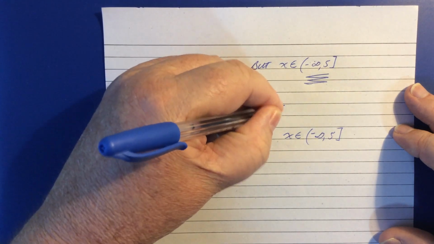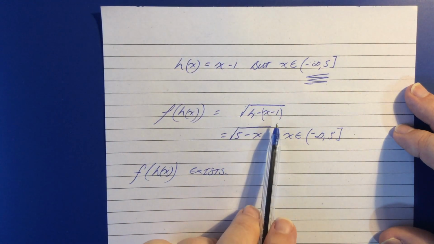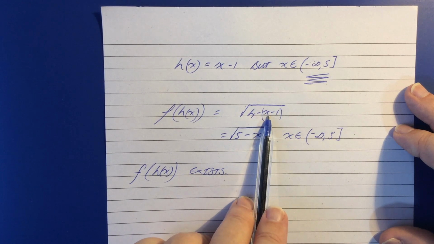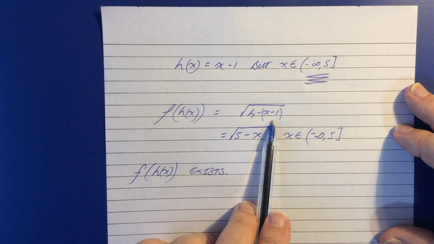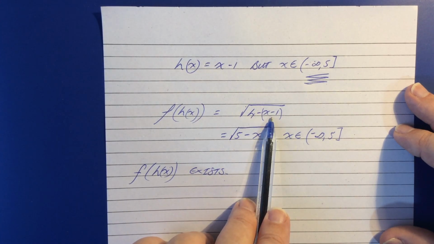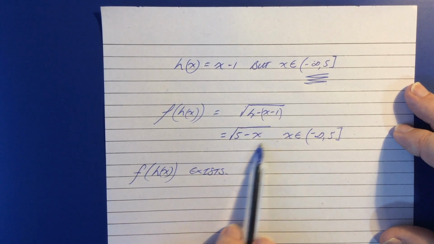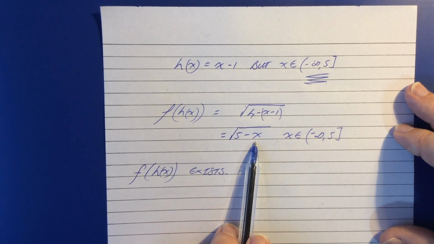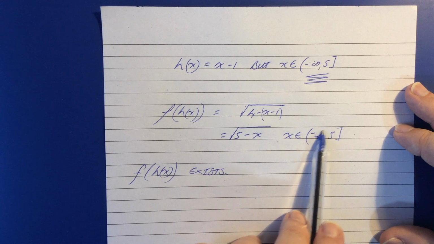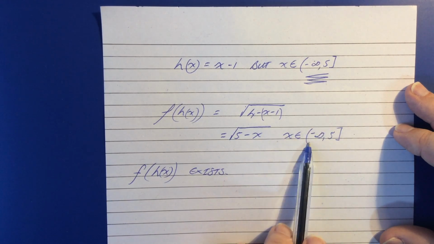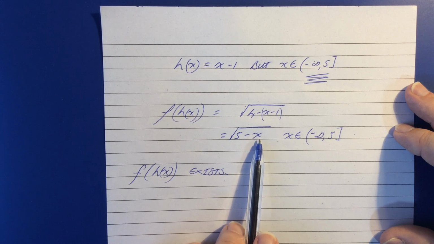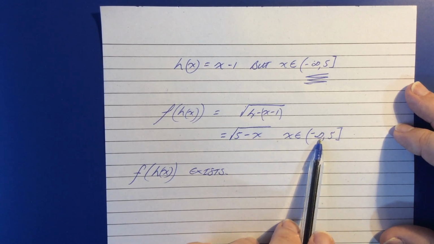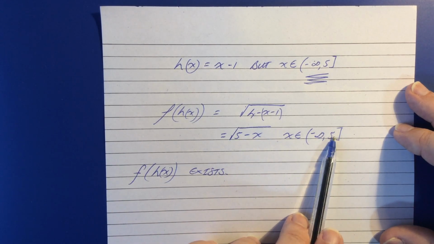Just let me put a bracket in there. There should be a bracket in there. So that's h inserted into f. This is what we get. And if we take a look at this, the domain of this new function means that it will exist.